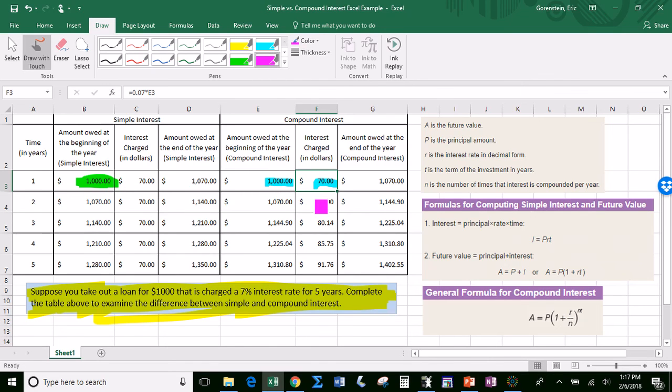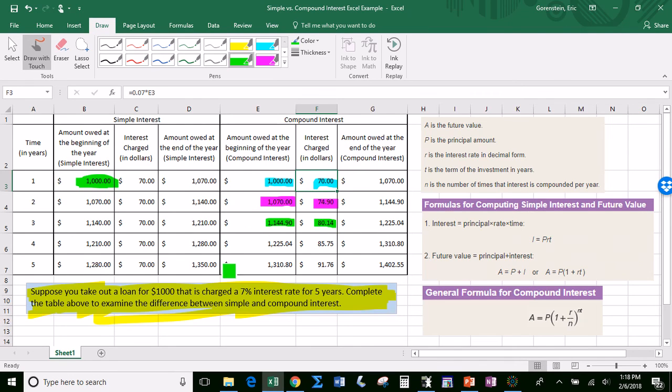The 74.90 is 7% of 1,070. This $80.14 is 7% of $1,144.90. So you see the interest fee is increasing year by year because the amount you owe is increasing.